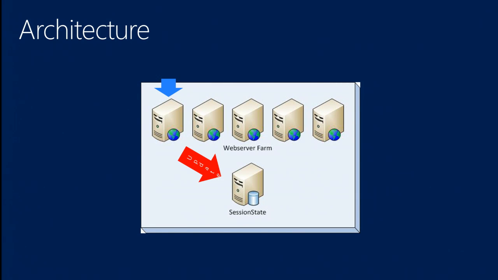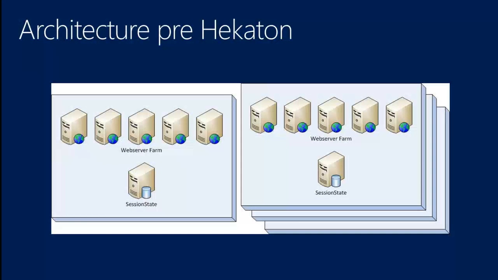So not only was the throughput a problem in this thing, also the response time, even if it's just milliseconds, could in a web page that has 100 pages to load get you to almost a second delay just because of the way session state is working. So how did we solve this problem? Well, let's call it scale out of the poor people.